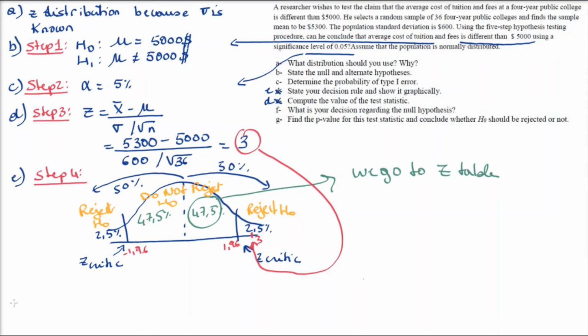Question F. Based on the previous analysis, Z calculated is equal to 3, which is higher than Z critique, which is equal to 1.96, so we reject H0 and we maintain our claim.